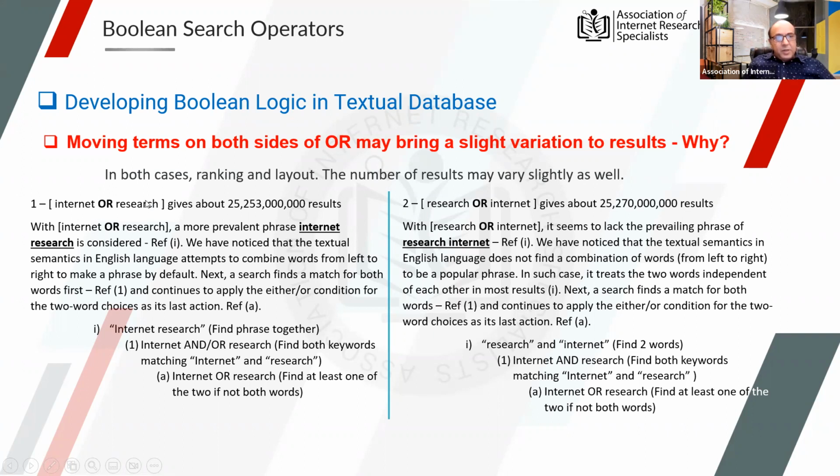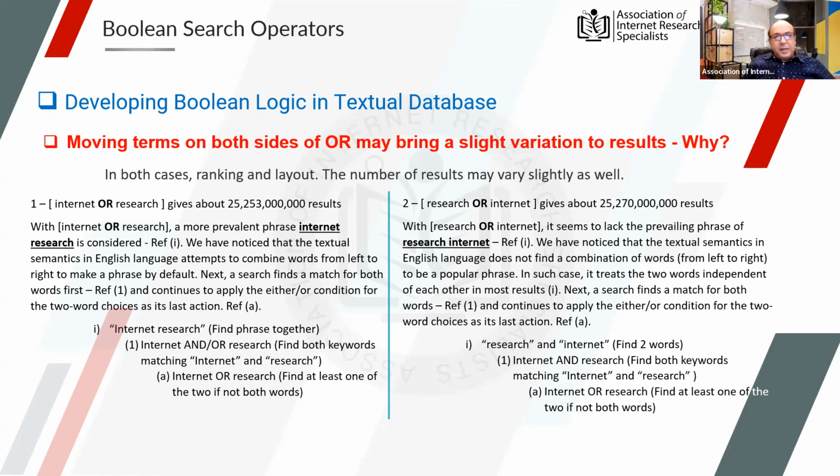Remember, AND is assumed to be the first instance that would combine or find both terms together before it looks for either or. In that relationship, it would think internet and research if internet is the first word and research is the second word. So keep that in mind.